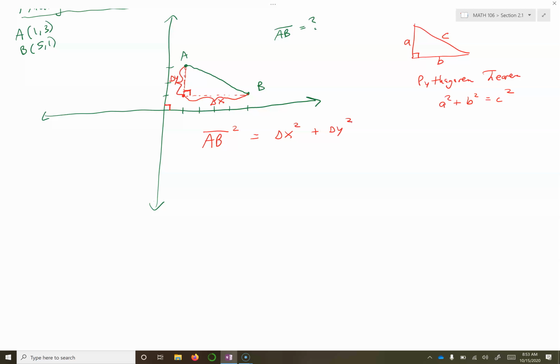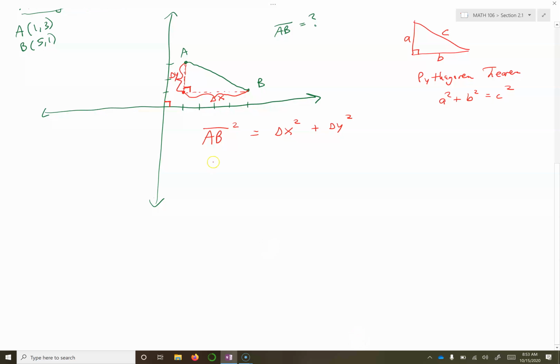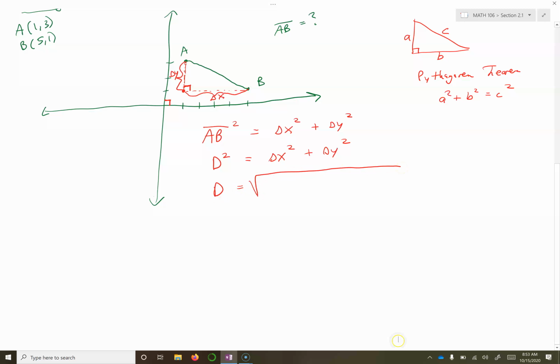So to change this up, I'm just going to call this D, right? This is a distance. D squared between 2 points is equal to the change in x squared plus the change in y squared. And now if I wanted to solve for D, I would take the square root of both sides. So I'm going to have a square root symbol over here, and I'm going to expand these delta x's and delta y's.